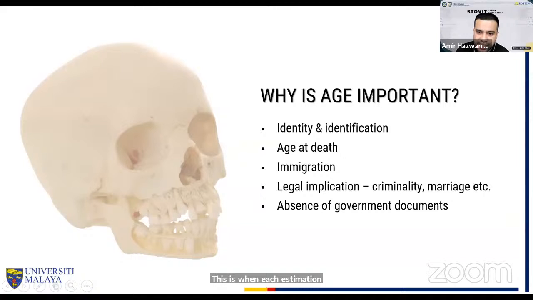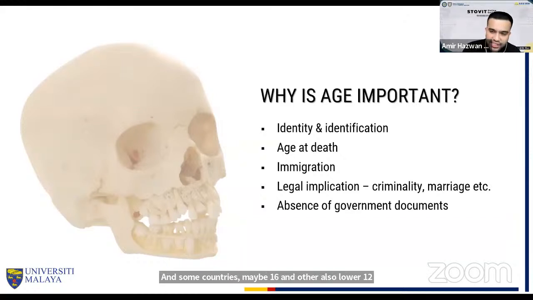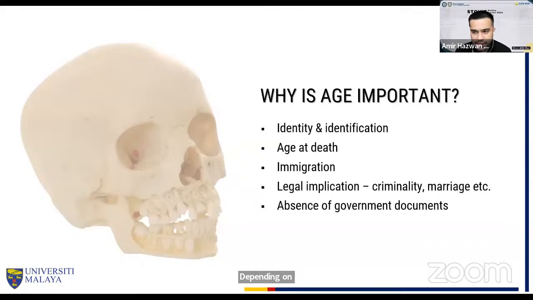Also, as I mentioned, there's the legal implication, criminality, marriage. In certain countries, you are only allowed to get married at the age of 18, and some countries maybe 16, and others even lower, 12, depending on the countries, states, and the governments that allow marriage.